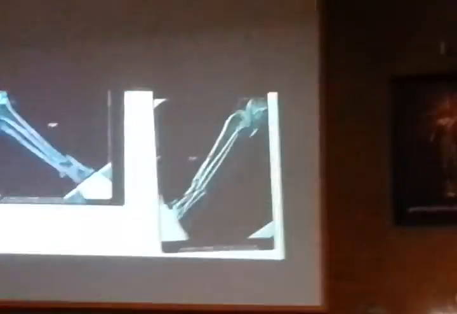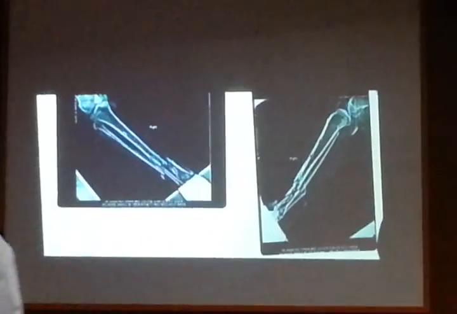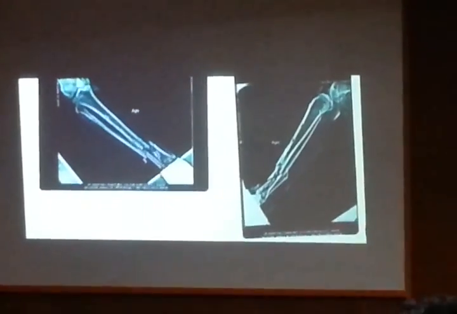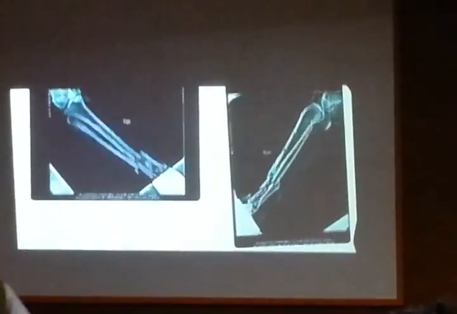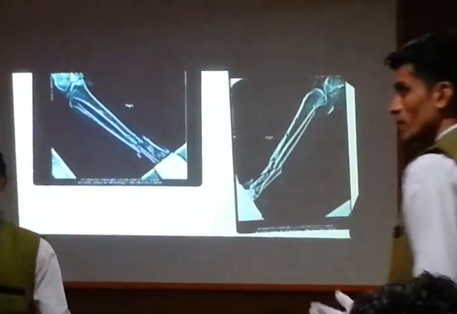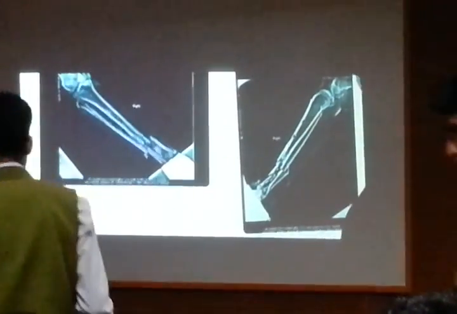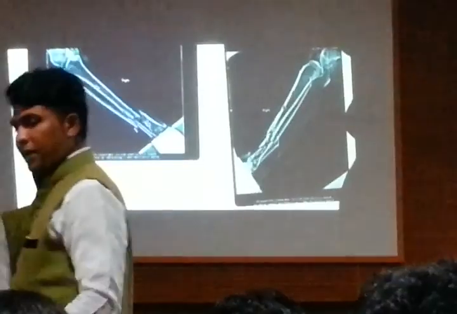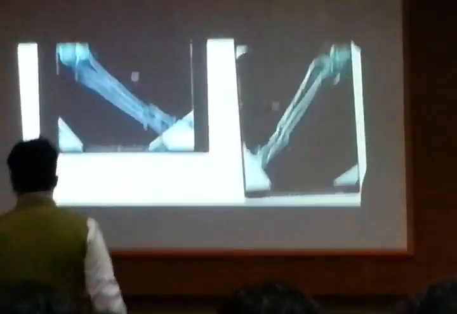Okay. How old is this non-union? 5.5, 6 months. Is there any timeline definition for non-union? 9 months, no? USFDA 9 months. Failure of progression for 3 months.